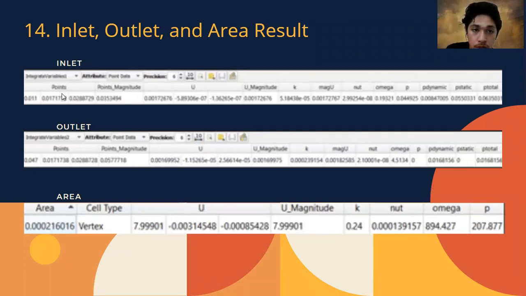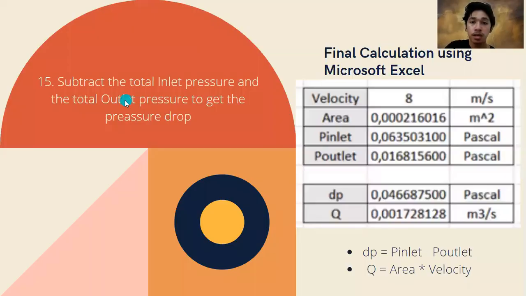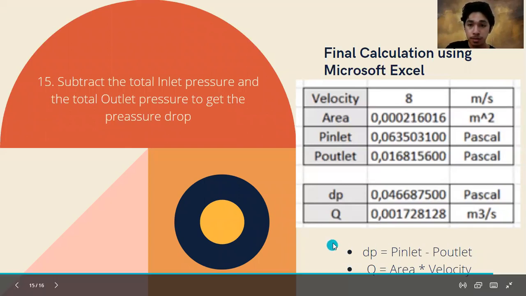So we will see right here, this is the points magnitude, the coefficient, etc. for each component. Then the last one, we subtract the total inlet pressure and the total outlet pressure to get the pressure drop. So this is actually the point of gate valve simulation, that we want to gain the pressure drop.